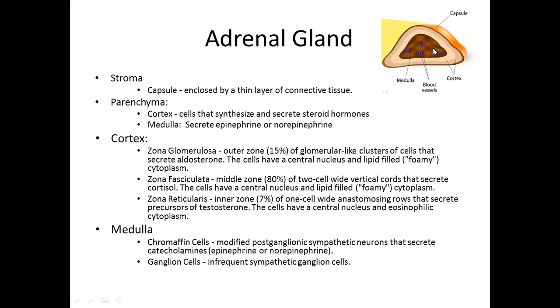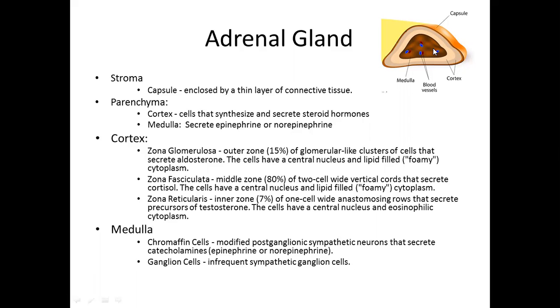The second zone is zona fasciculata. This is the middle zone, which is the major area of the cortex. Here we will find vertical columns or vertical cords, almost 2 to 3 cells wide, that secrete cortisol. These cells again have a central nucleus and lipid-filled cytoplasm, which will appear empty or lightly stained.